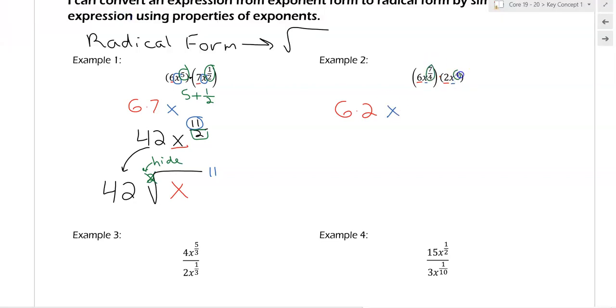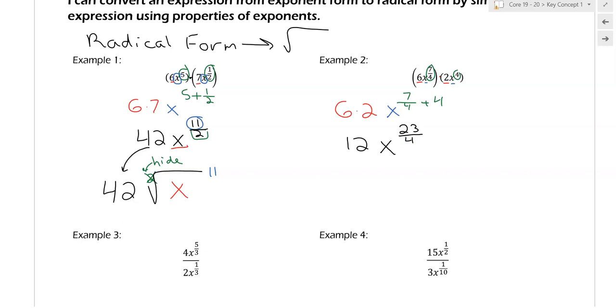And then we add our exponents. So we have 7/4 plus 4. 6 times 2 is 12. X. 7/4 plus 4 is 23/4. Again, you can use a calculator.